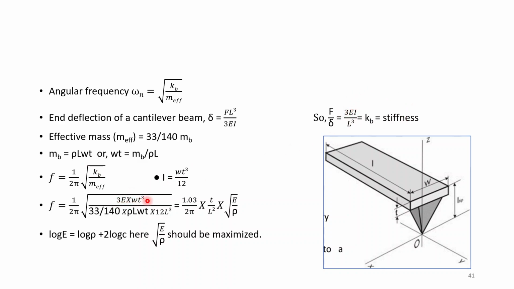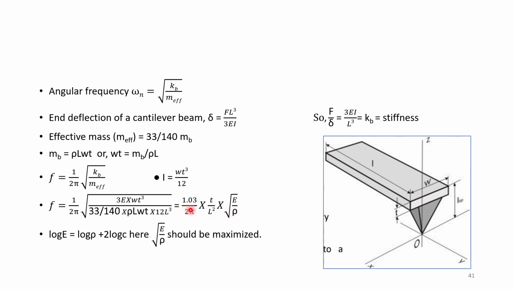So you put 3E times WT cube divided by 33 upon 140 times rho L WT times 12 L cube. Now you solve all these equations, then you find this is the constant part, this is your parameter, this is the material property index.